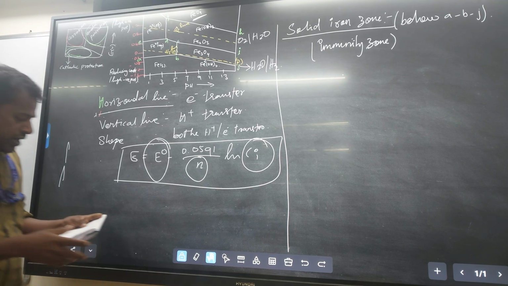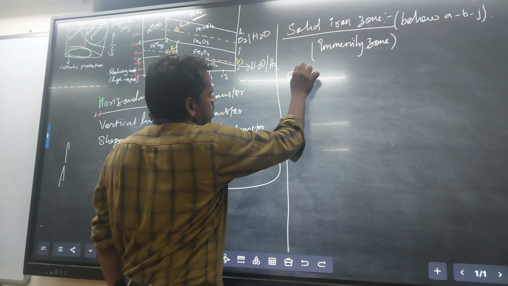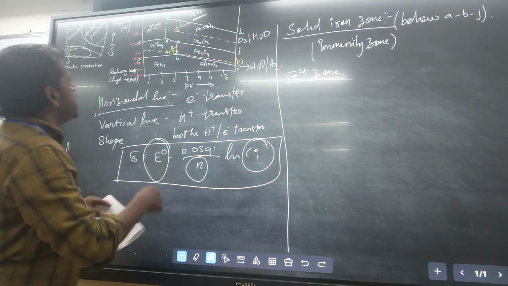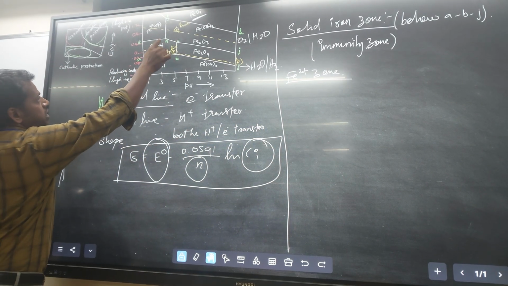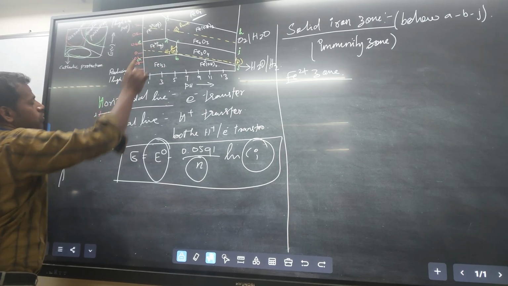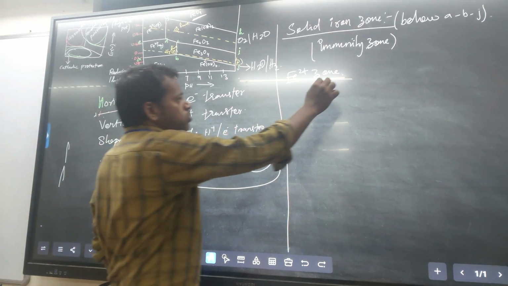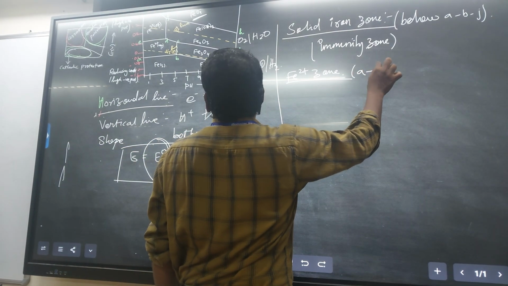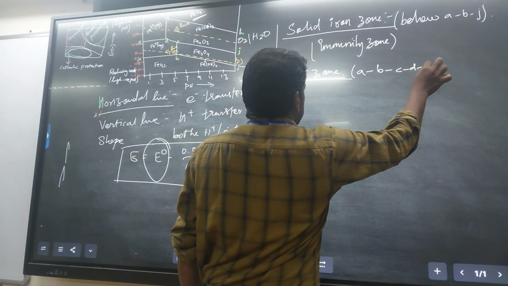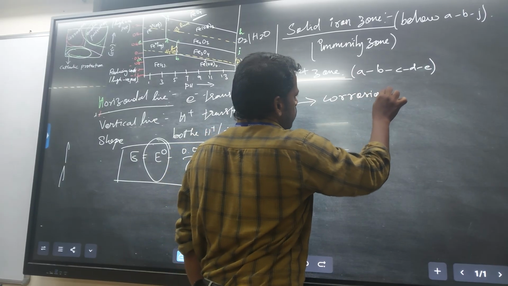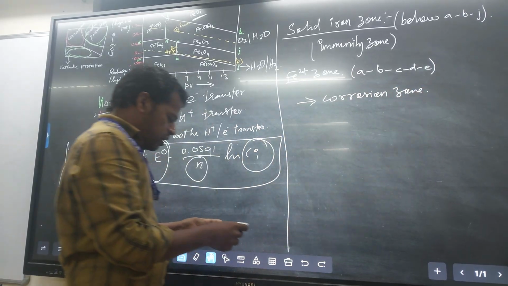It won't convert from Fe to Fe2+ or Fe3+. The next is the Fe2+ zone, this one, A, B, C, D, E. Here the iron is converted into iron 2+, an electron transfer reaction. That is a corrosion zone. Write it as A, B, C, D, E, the corrosion zone.